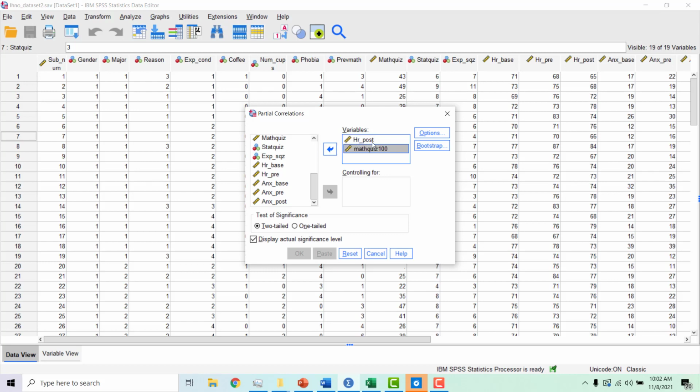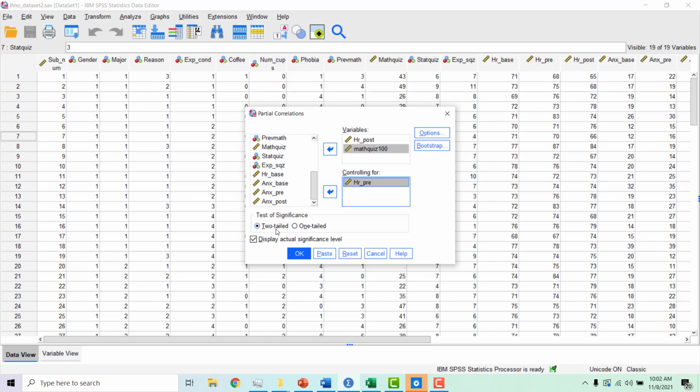So this is going to muddy the correlation between the heart rate after the exam and the quiz, because it's not accounting for the fact that some people have high heart rates and some people have low heart rates. So let's do a partial correlation and look at the heart rate before the quiz, to get the effect of the heart rate change during the quiz.